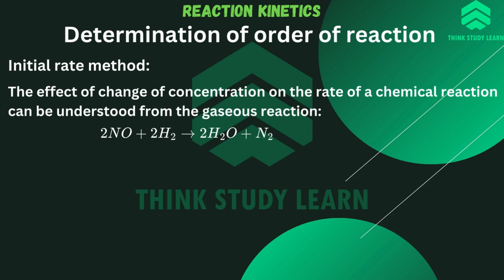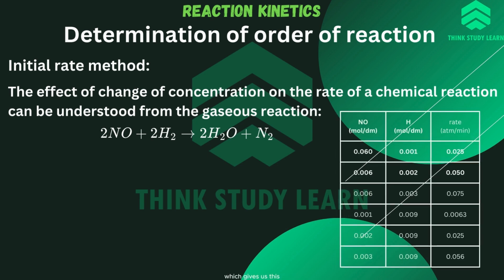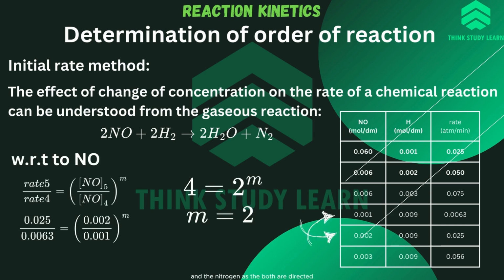We plot the data in a table which gives us this. The table is given to find the order with respect to NO and with respect to H2, and to find the rate difference. First, we will find the order with respect to NO. To find that, we consider the experiments in which the hydrogen concentration is constant while the NO changes. These are the 4th and 5th ones.